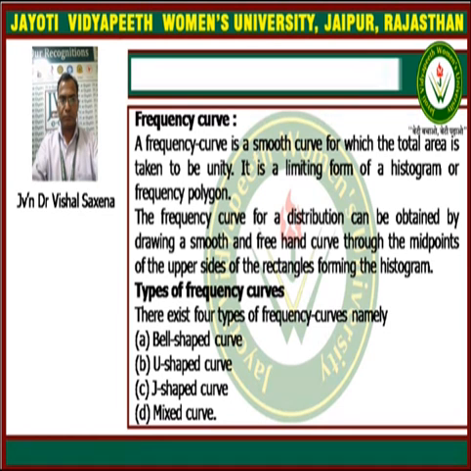The area for the smooth curve given by the frequency curve is always taken to be unity, and it can be considered a limiting form of the histogram and the frequency polygon, because this frequency curve is related with the histogram and the frequency polygon.